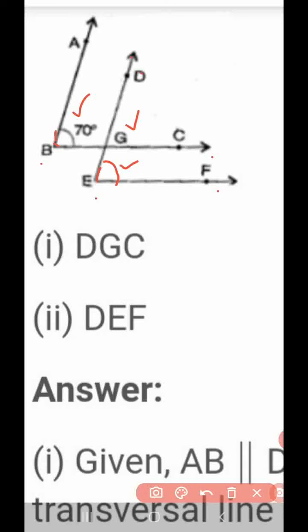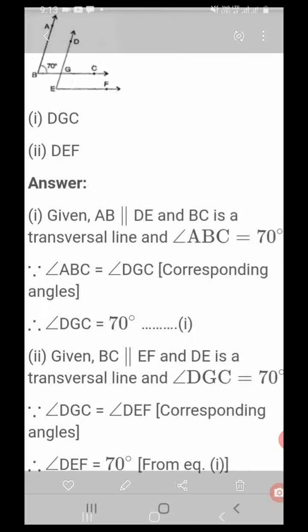That means ABC, DGC and DEF, all angles are equal. Both angles are 70 degrees.